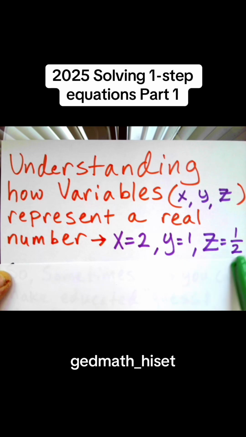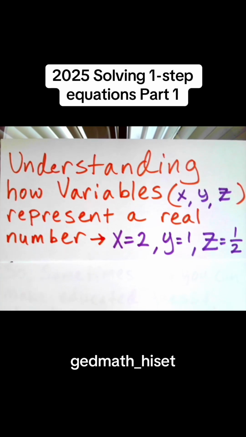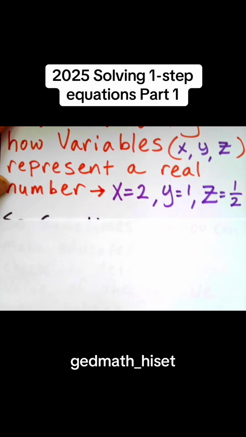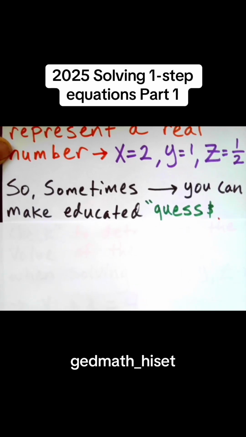If X, Y, and Z were in one equation, each variable or letter would represent a different real world value, right? All the X's would equal 2, all the Y's would equal 1, and all the Z's would be equal to 1/2. And so again, like I mentioned, sometimes in these one-step equations, you could look and perform what's called a guess and check to determine the value of these variables, right?